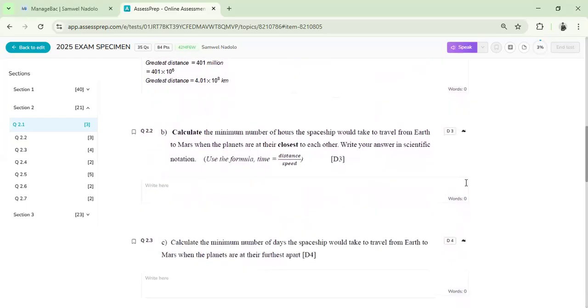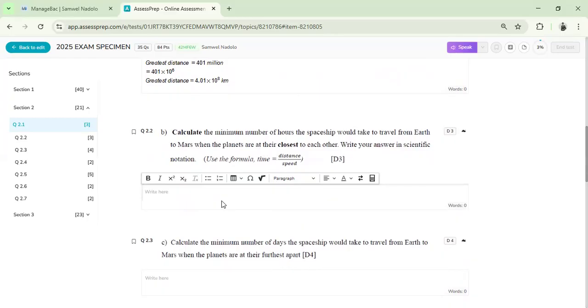And then let's look at question B. For 2.2, calculate the minimum number of hours the ship will take to travel from Earth to Mars when the planets are at their closest to each other. Write your answer in scientific notation. Then use the formula time is equal to distance over speed.